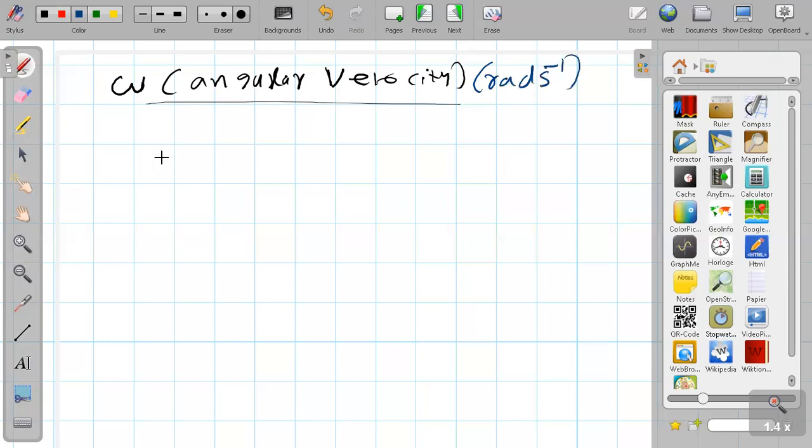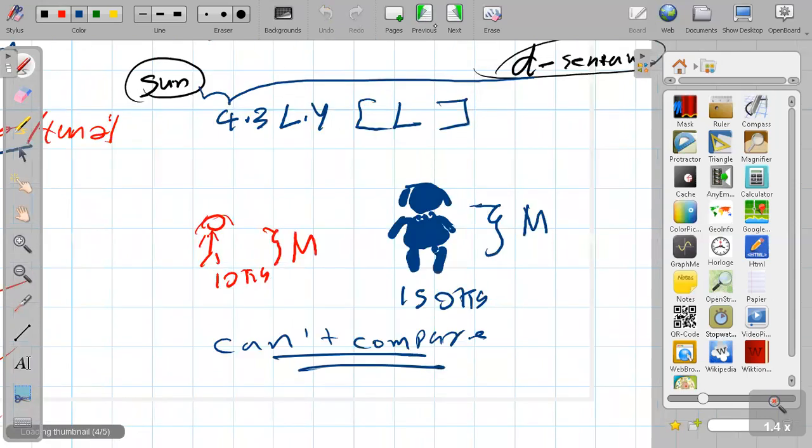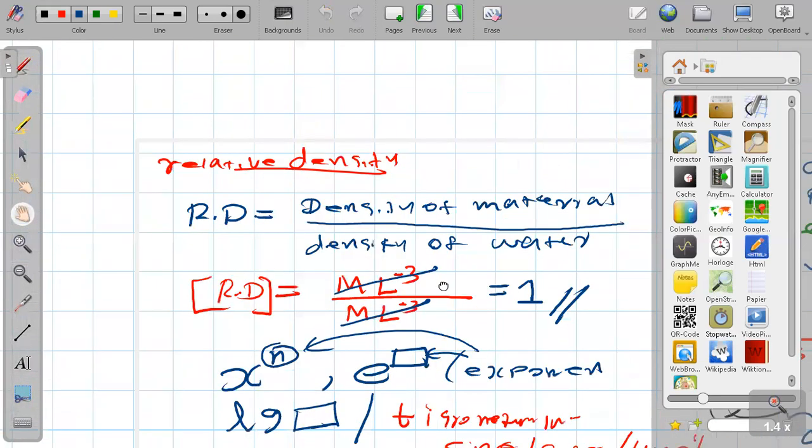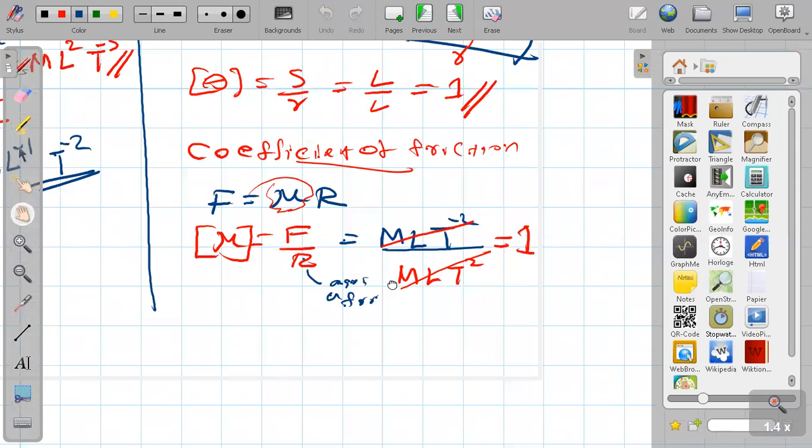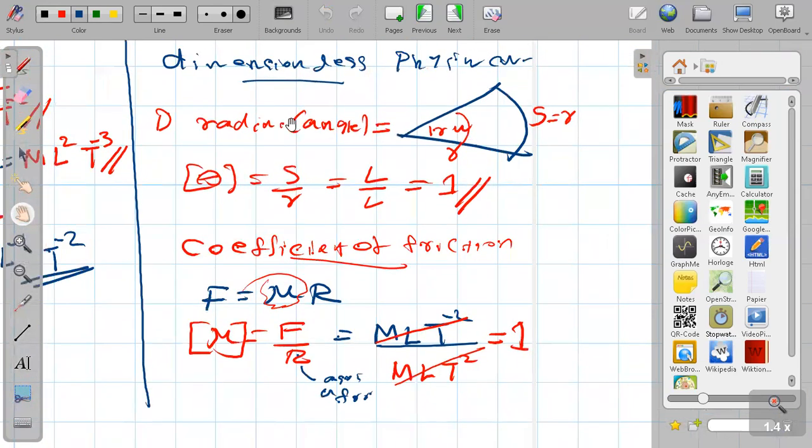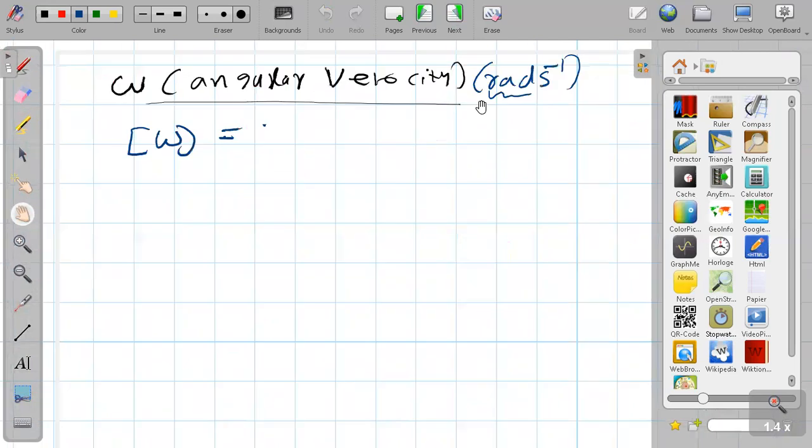So the problem is the dimension of omega, but only radian is dimensionless. I told you earlier, radian has no dimension, the angle has no dimension. So it's like theta over time. Theta has no dimension, nothing to worry about. It's like 1 over capital T, so you get T minus 1.